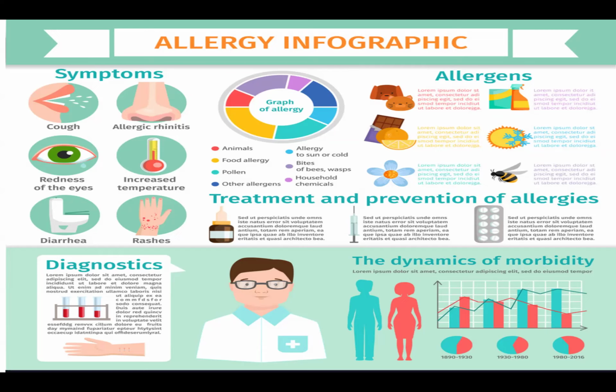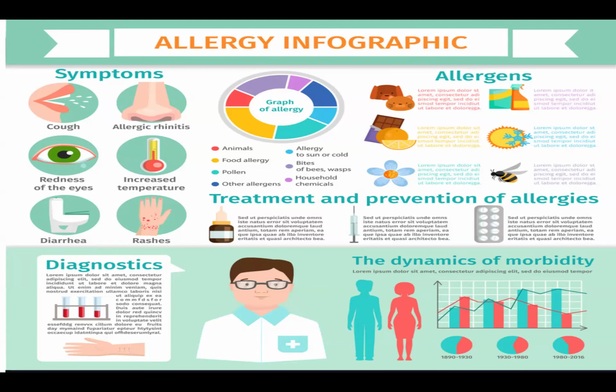Then the treatment and the prevention of allergies. We can have it in the form of antihistamines, or in the form of nasal drops, injections, or tablets. Like when I talked to you about the antihistamines, the steroids, and also the adrenaline.